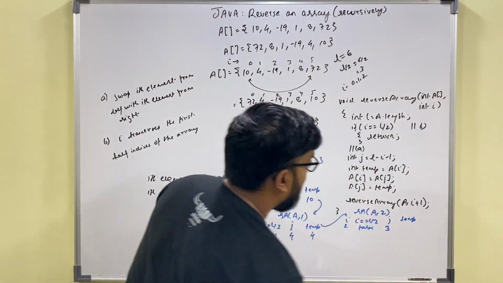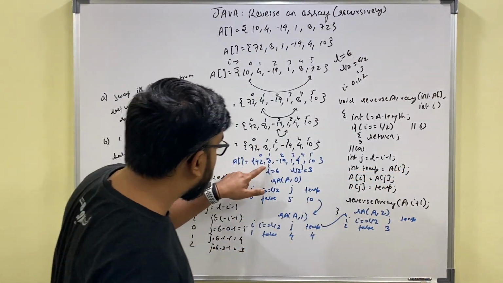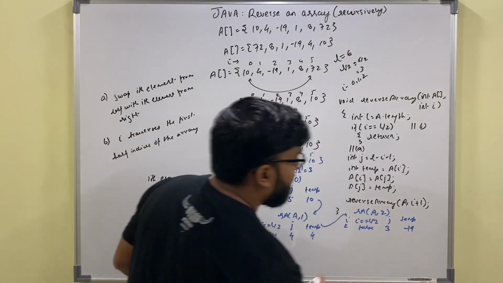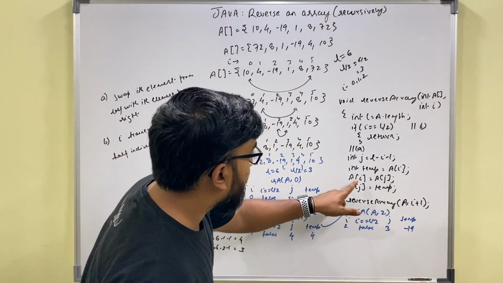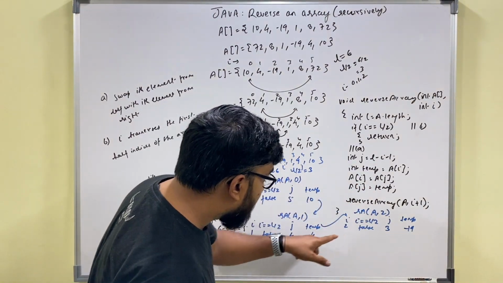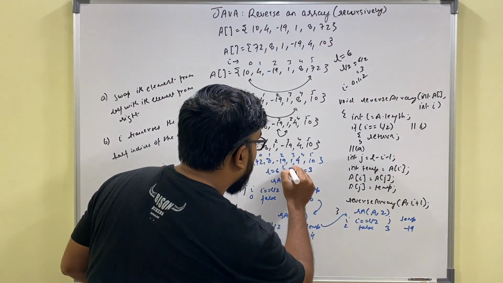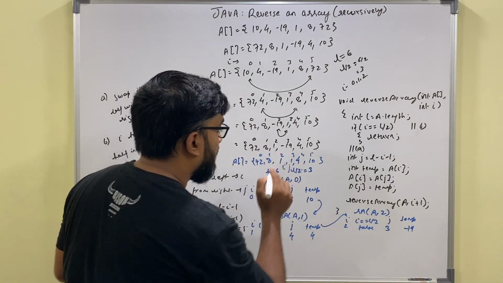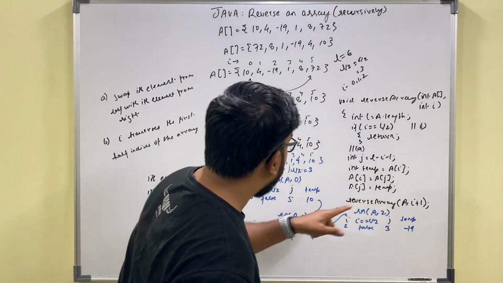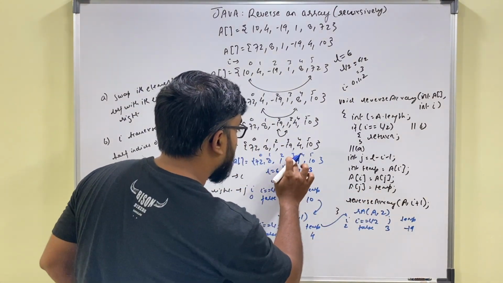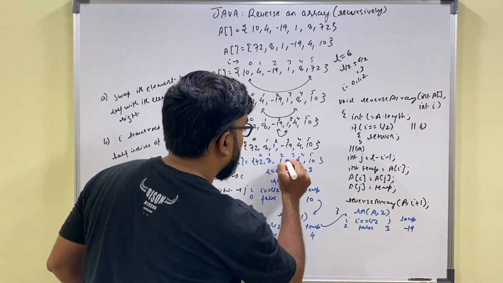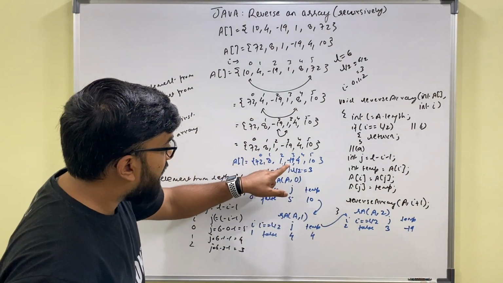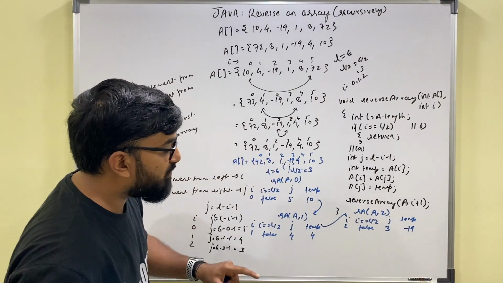Temp is A of I, temp is minus 19. A of I is A of j, j is 3, so this becomes 1. Then A of j is temp, A of j is minus 19. Values at index I and j are swapped. Indices 2 and 3 are swapped.